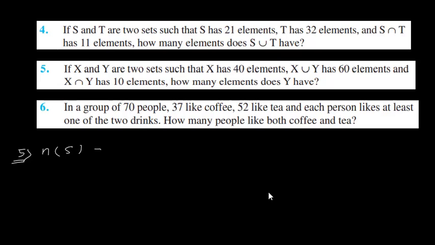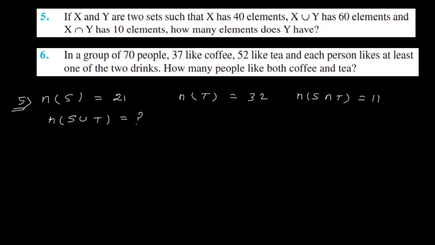Number of S is 21. Number of T is 32 and number of S intersection T is 11. We have to find the number of S union T. This is a question mark.